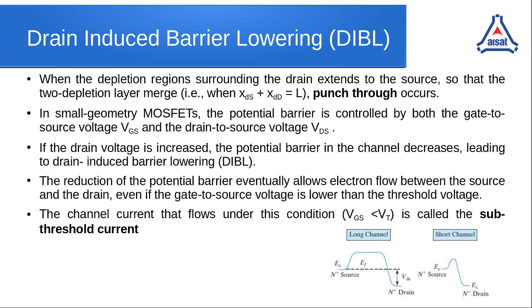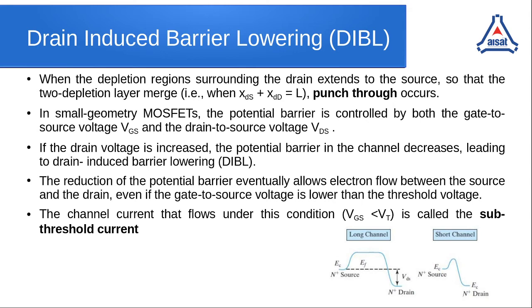In small geometry MOSFETs, the potential barrier, which is the channel, is controlled by the gate to source voltage VGS and drain to source voltage VDS. If the drain voltage is increased, the potential barrier in the channel decreases.